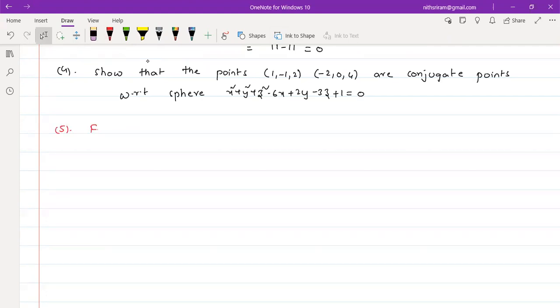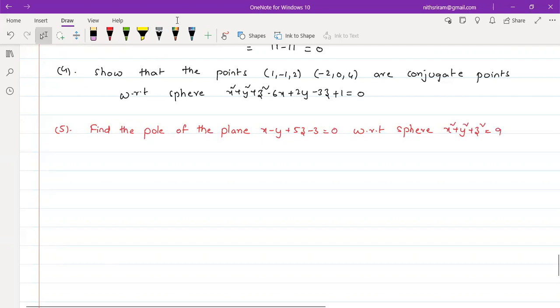Find the pole of the plane x minus y plus 5z minus 3 is equal to 0 with respect to the sphere x square plus y square plus z square is equal to 9.